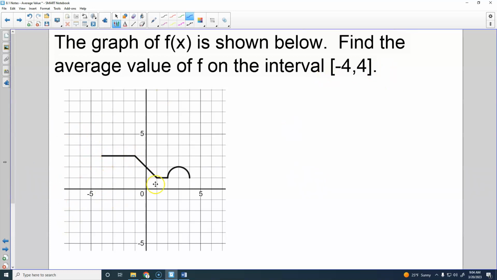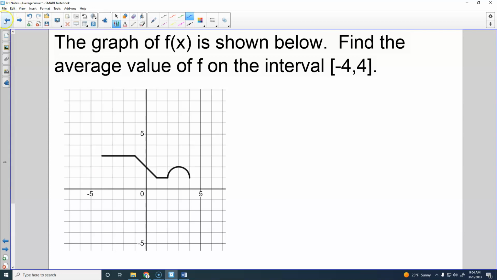And I'll tell you, these are line segments. That is a semicircle. A better written problem would tell you that. So this becomes a little bit more difficult to think about.